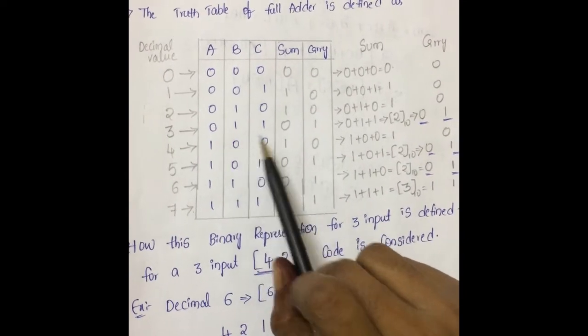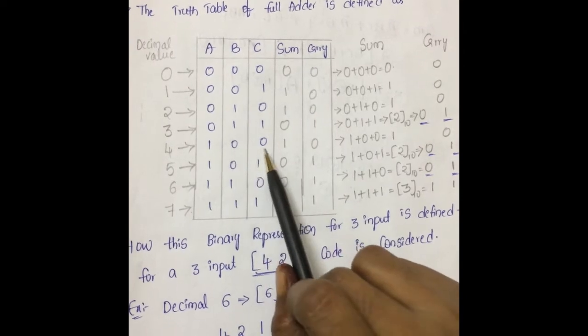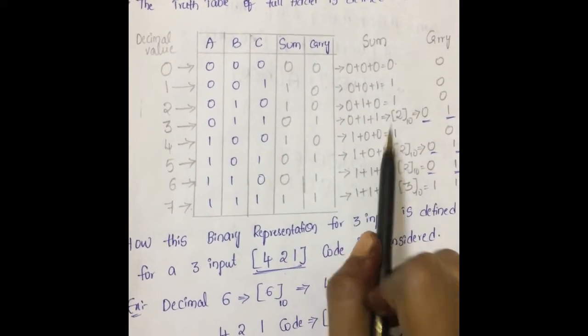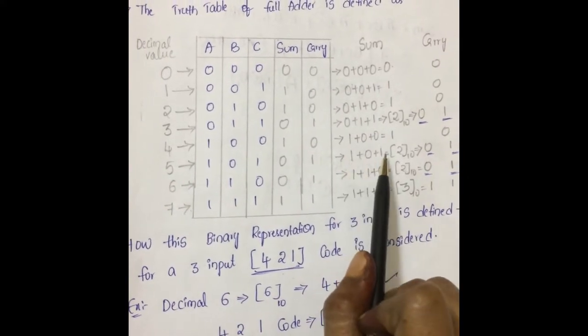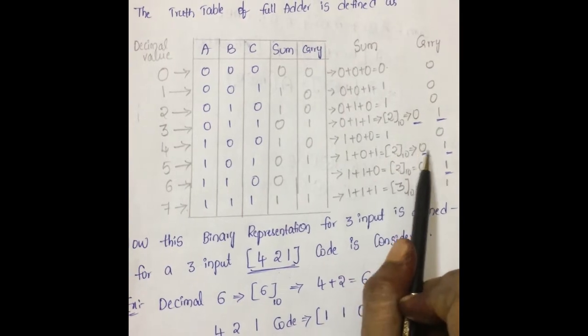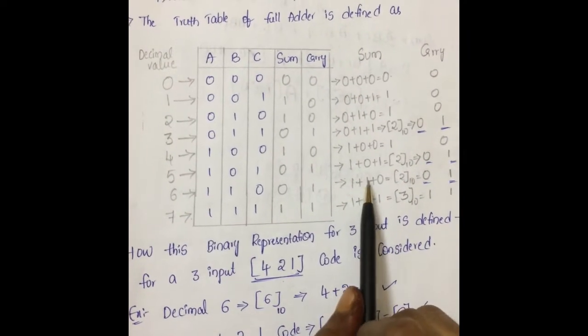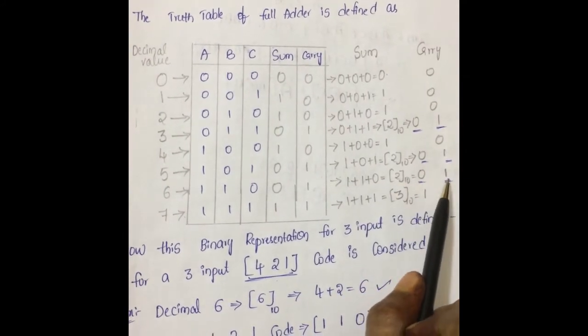In a similar manner, for decimal value 4, that is binary value 1, 0, 0, 1 plus 0 plus 0 equals 1. For 5, 1, 0, 1 means 1 plus 0 plus 1. Decimal value 2, sum 0, carry 1. In a similar manner, for decimal value 6, 1 plus 1 plus 0 means decimal value is 2. So sum 0, carry 1.